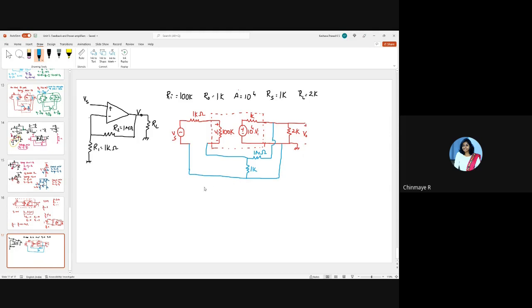So now we already know what is the feedback path here, right? It is this. So this is going to be the feedback path.